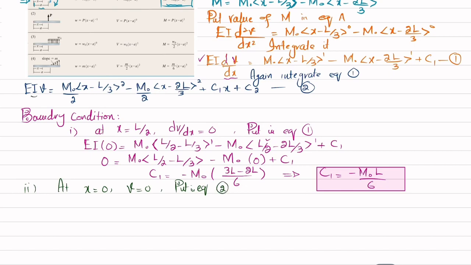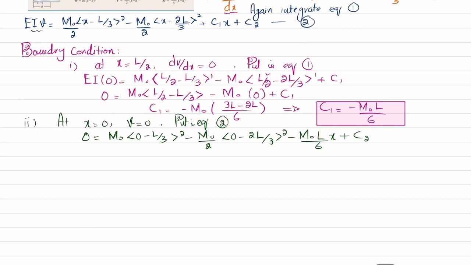So here this term will become 0 and this term will be equal to M₀ into (0 − L/3)² minus M₀/2 into (0 − 2L/3)² plus C1x, which is M₀L/6 into x, plus C2.